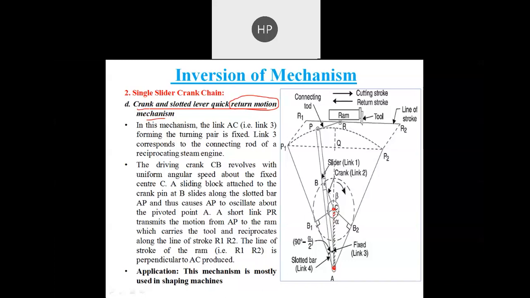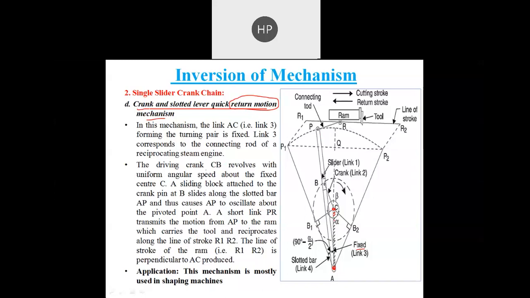The link 3, this big rod, which is link 3, corresponds to the connecting rod of a reciprocating steam engine.